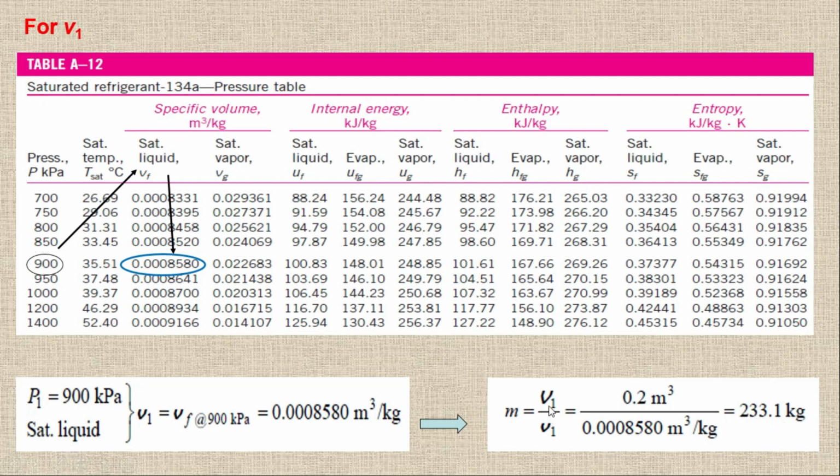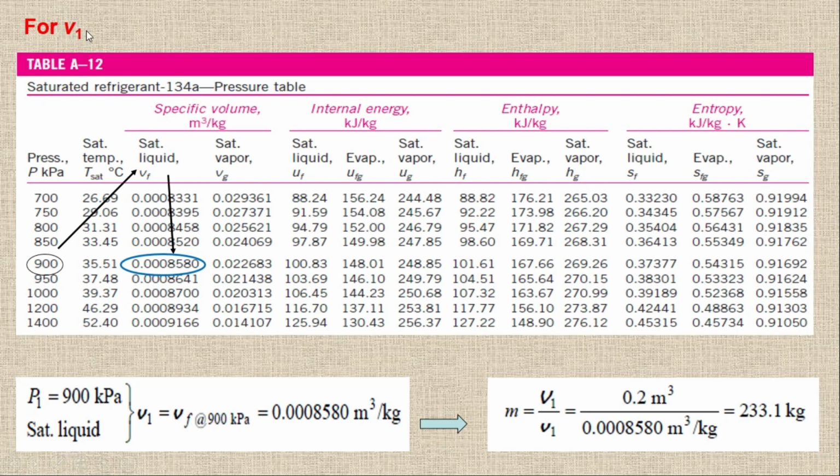I am using V1 upon V1, this volume upon specific volume, because the 200 liters is for the saturated liquid, it is not V2. Because it is a closed system, mass M1 will be equal to M2, so there will be no change in the mass. So from here I know what is V1.